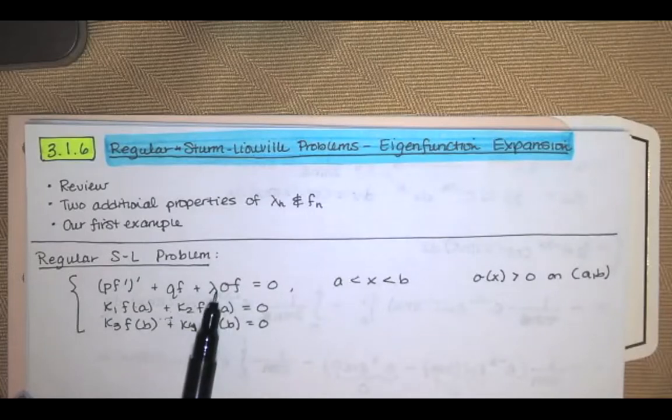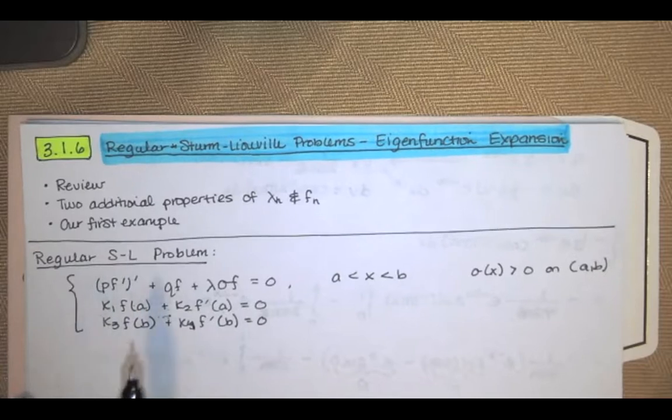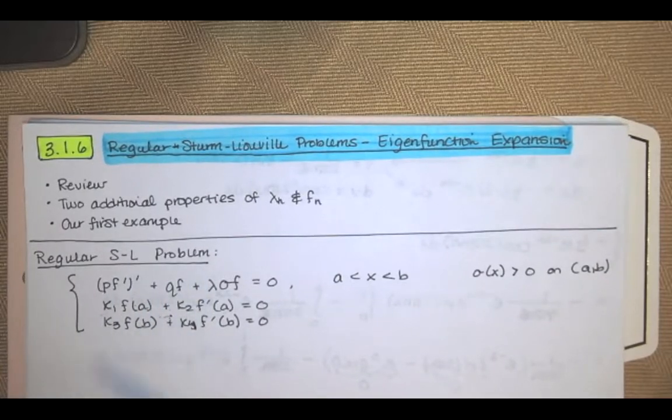Now, there's also a parameter lambda, and those are real values that correspond to specific solutions to the boundary value problem.